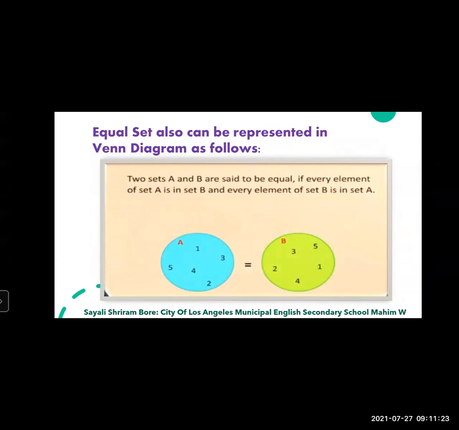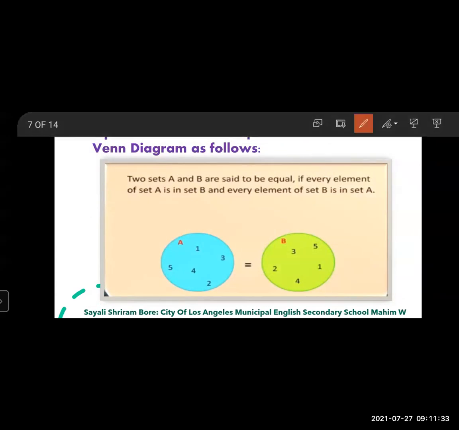Two sets A and B are said to be equal if every element of set A is in set B and every element of set B is in set A. Denote each set with a capital letter and write it anywhere in the corner.